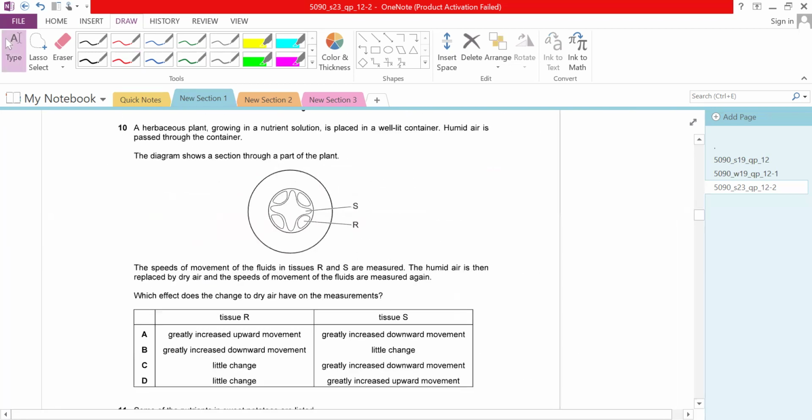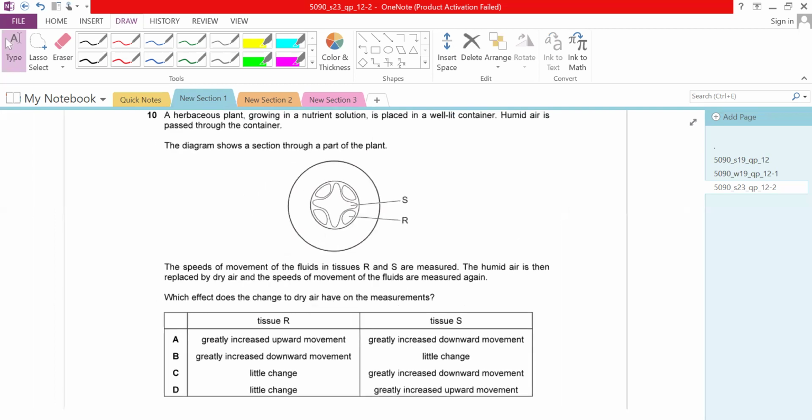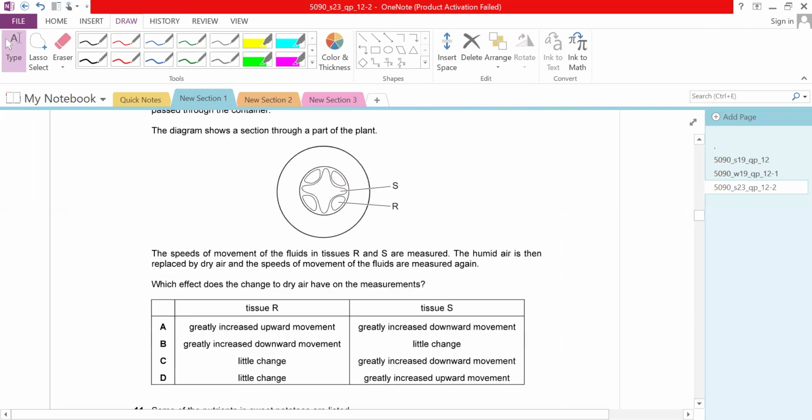Question number 10. An herbaceous plant growing in nutrient soil is placed in a well-lit container. Humid air is passed through the container. The diagram shows a section through a part of plant, R and S, and this is a part of the plant.